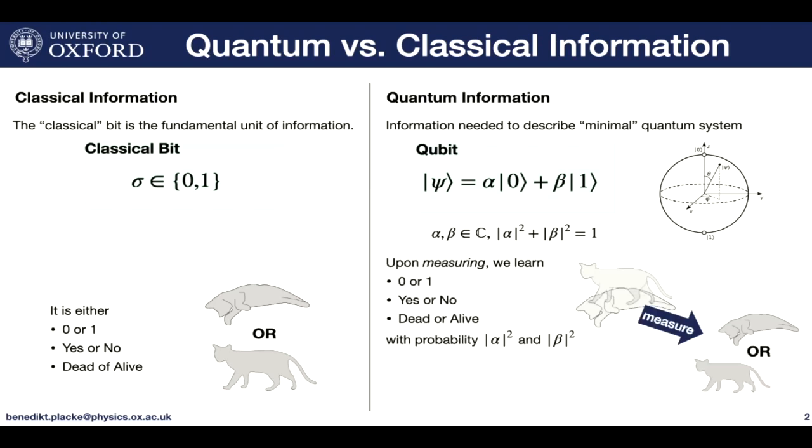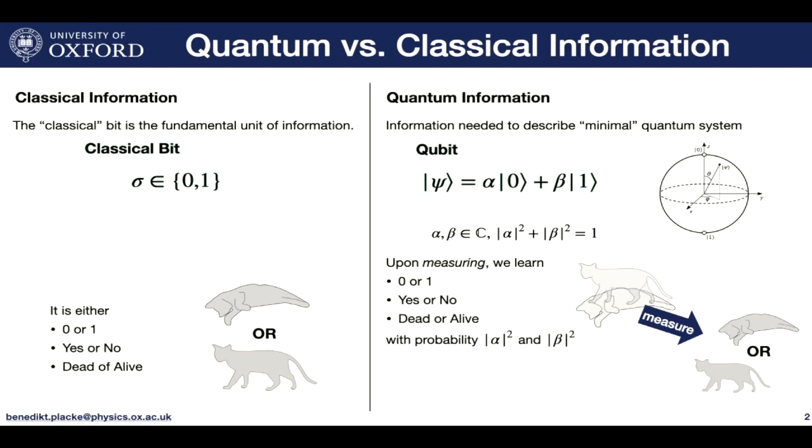And it gets even weirder when you think about how we as classical beings interact with this quantum information. Because if we want to look at the qubit, we have to measure it. And it turns out that if we measure this thing, then afterwards it is with certainty 0 or 1.